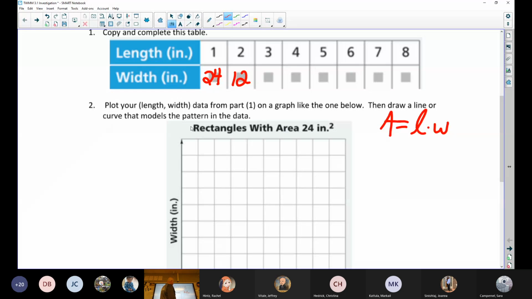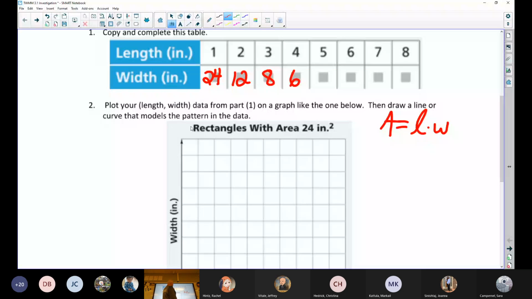What about for 3? It is 8, because 8 times 3 is 24. 6 was close. What about number 4? If the length is 4, the width is 6.